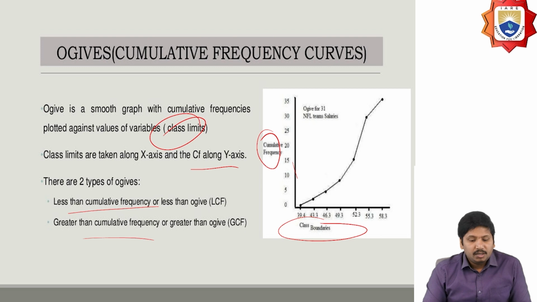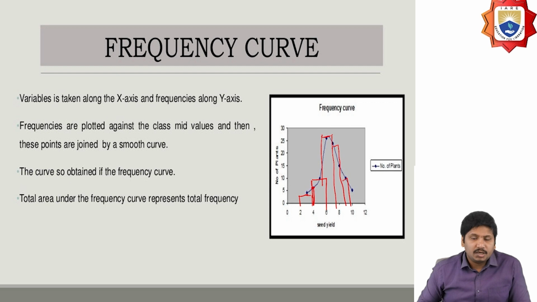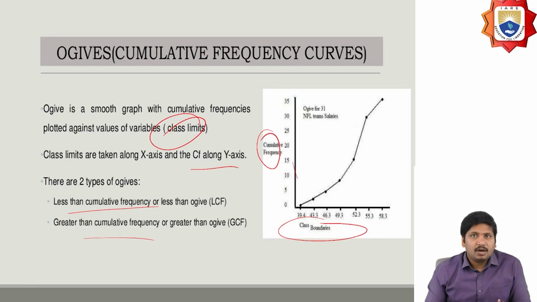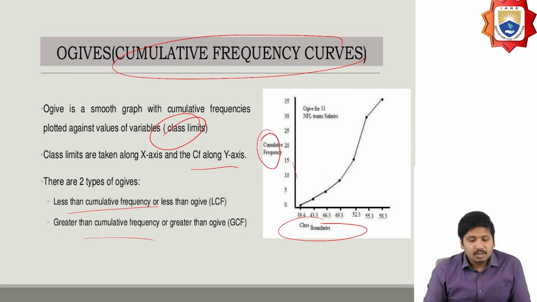So the ogive is something different from the frequency polygon and frequency curve that I just saw. Here again, I have to construct the cumulative frequency curve. An ogive is also nothing but a smooth graph.